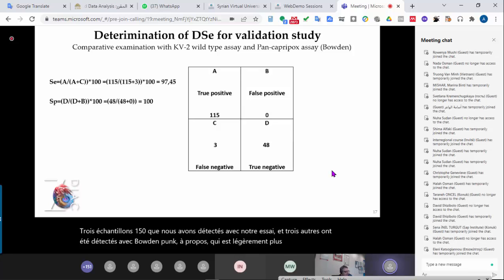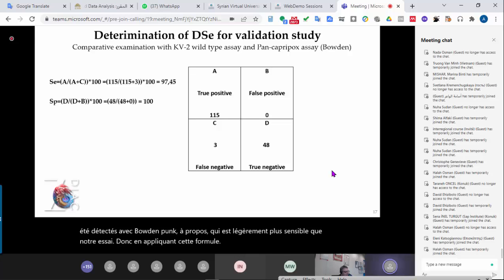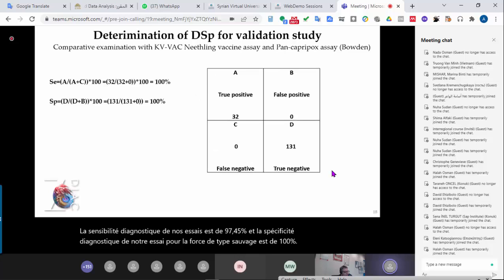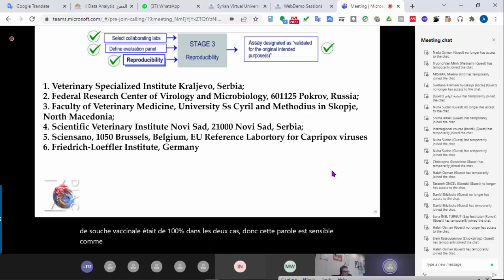So by applying this formula, the diagnostic sensitivity of our assay is 97.45%, and the diagnostic specificity of our assay for wild type strains is 100%. And the diagnostic specificity and sensitivity for the vaccine strain assay was 100% in both cases. So this assay is as sensitive as the Bowden pan-capripox assay.